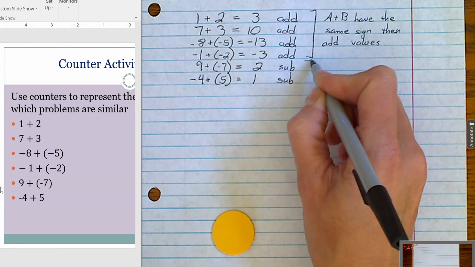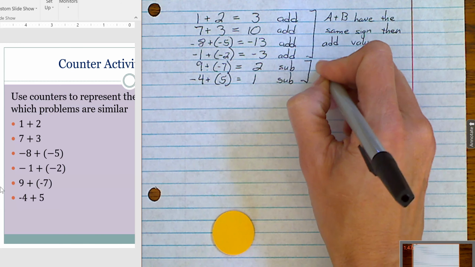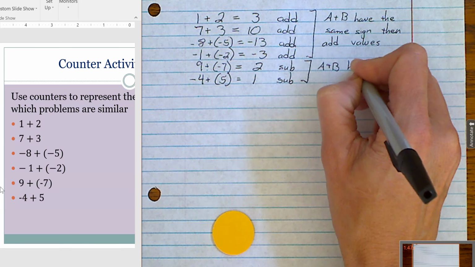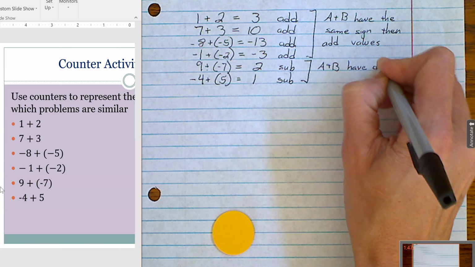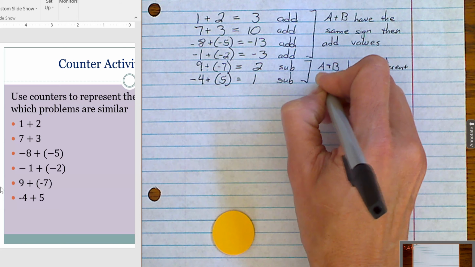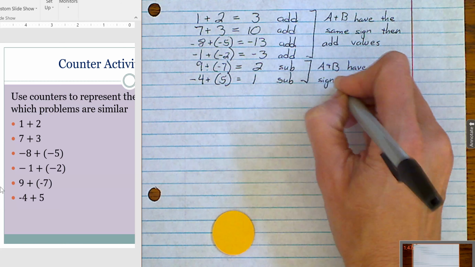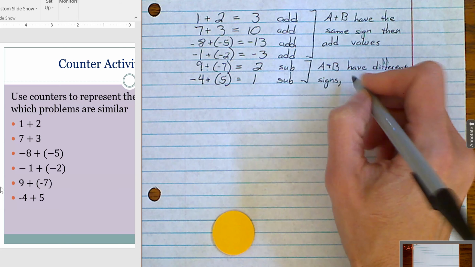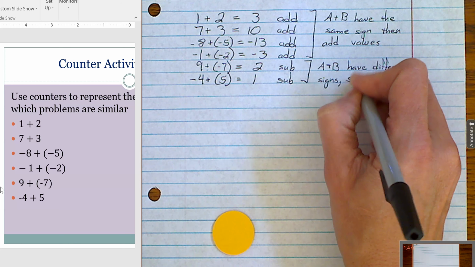In the last 2 problems, A and B have different signs. And in this case, when A and B have different signs, subtract the values.